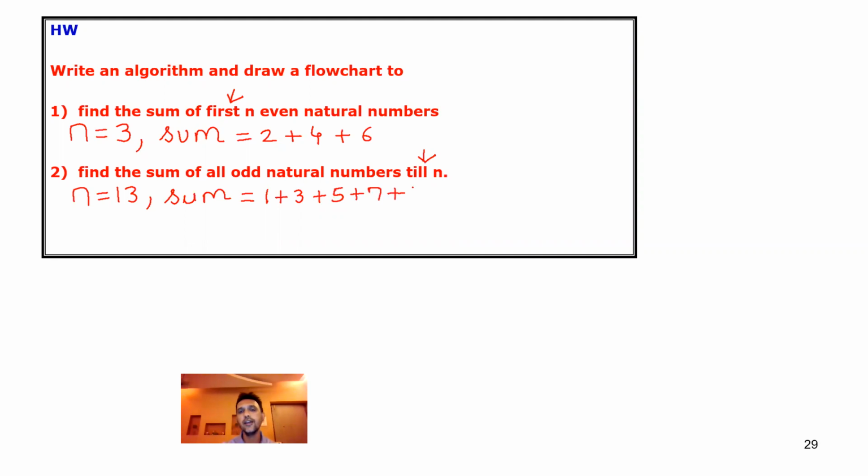Then 9, very good. Then 11. Very good. Then 13. Very good. Then, no, you stop here. You are not supposed to find the sum of the first 13 odd numbers. You are supposed to find the sum of odd natural numbers till 13.